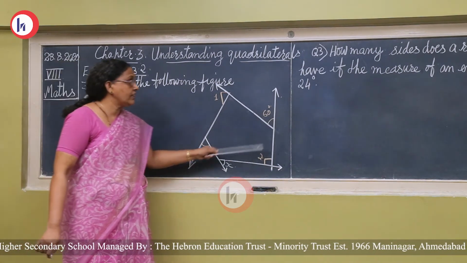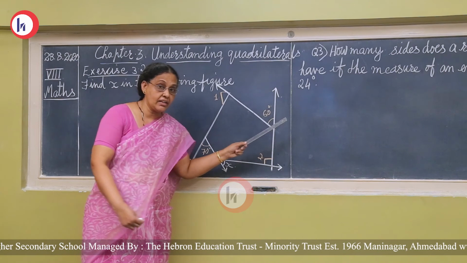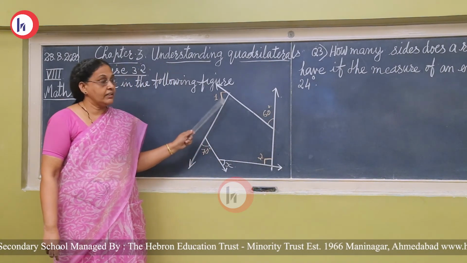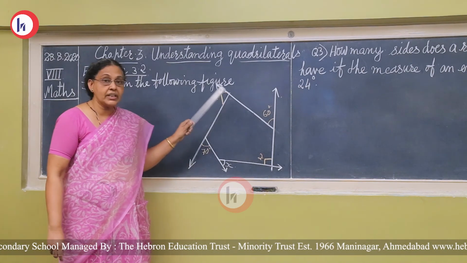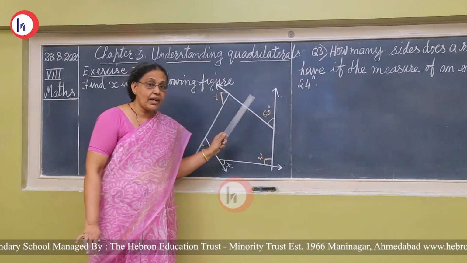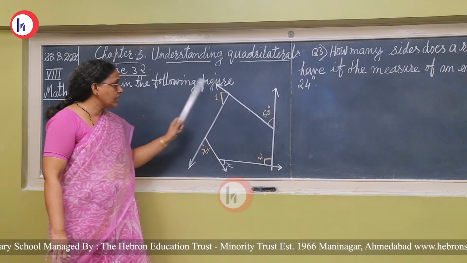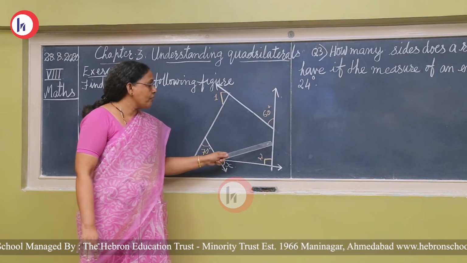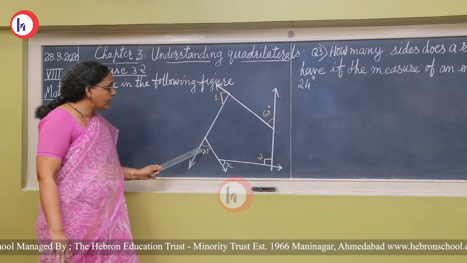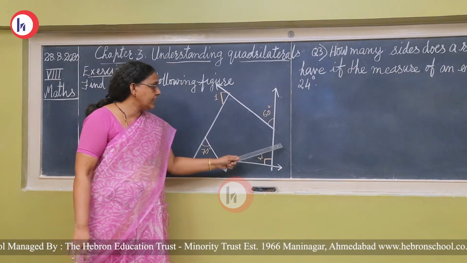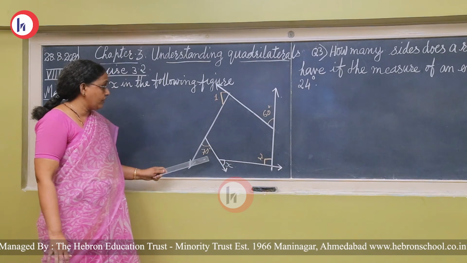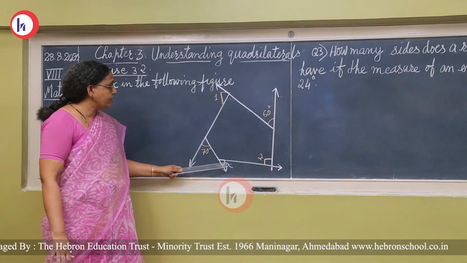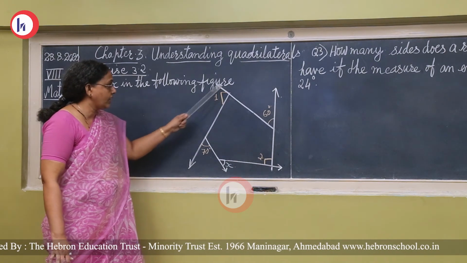We already learned that the sum of the exterior angles of any polygon is 360 degrees. You don't have to use any formula, it is the basic rule we have learned directly. To find x, we should know all the other exterior angles.